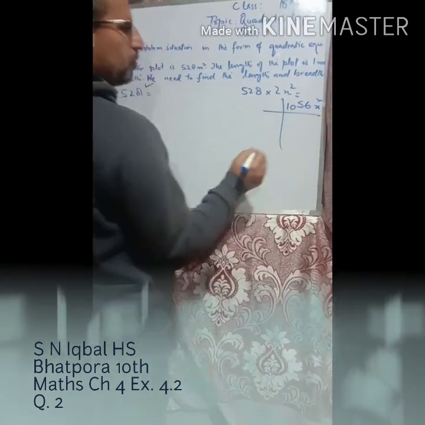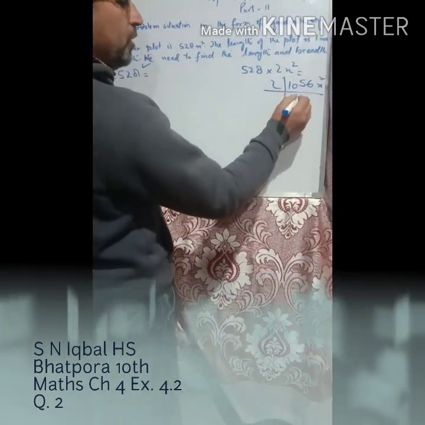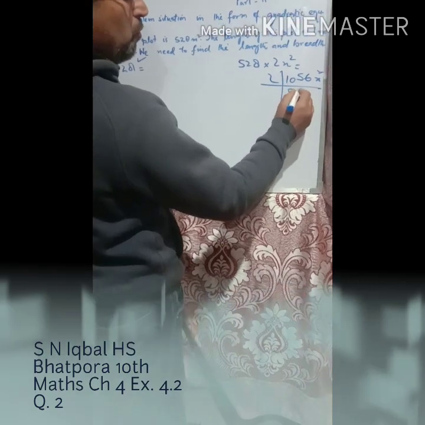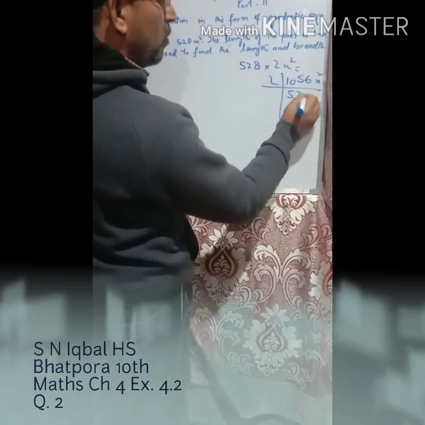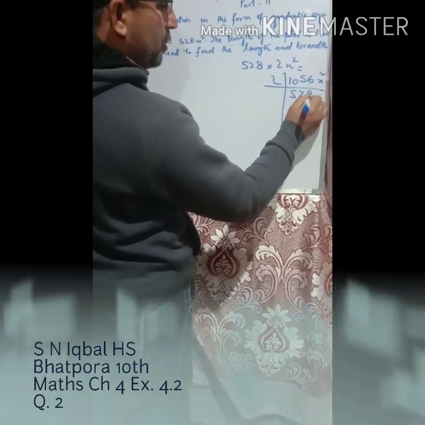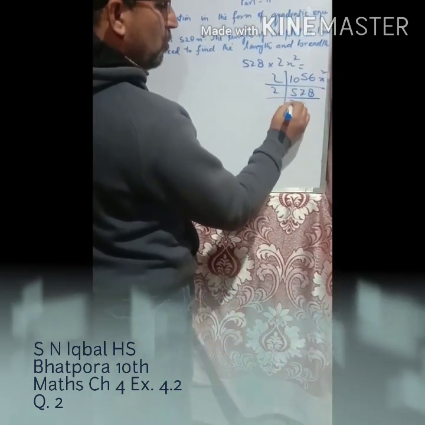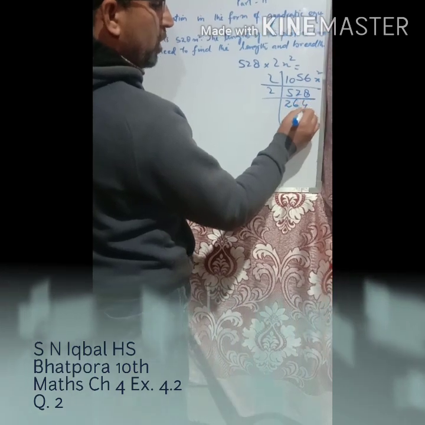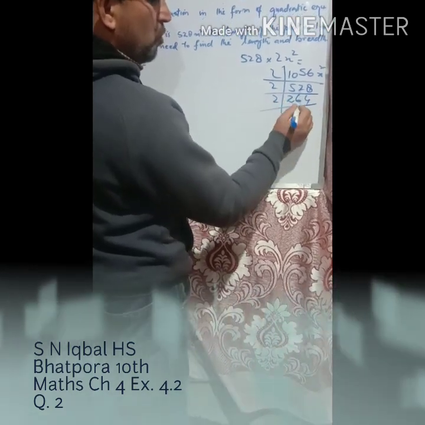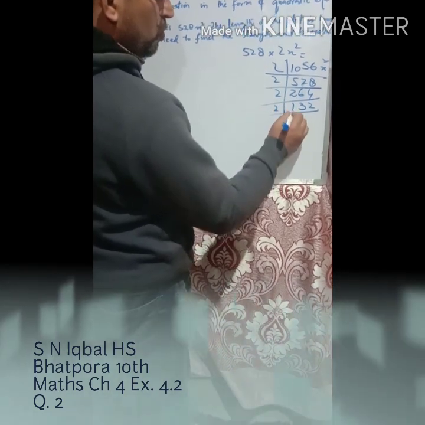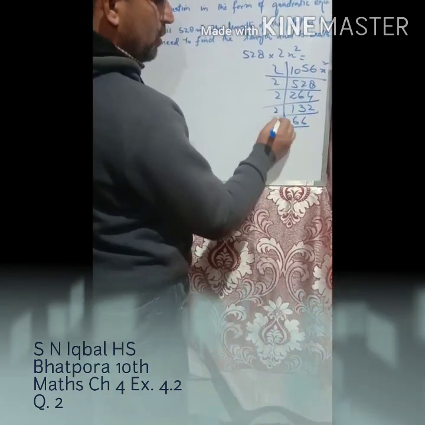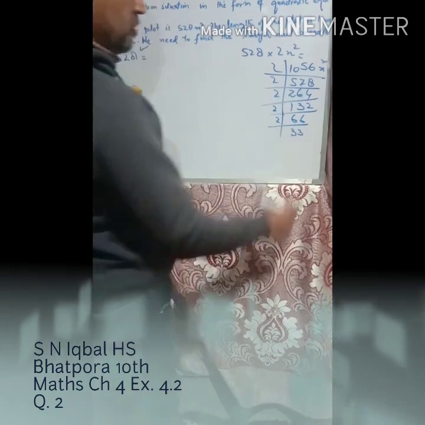Let us see what are the factors of 1056. 2 5s are 10, 2 2s are 4, 2 8s are 16, 2 6s are 12, 2 4s are 8, 2 3s are 6, 2 33s are 66.